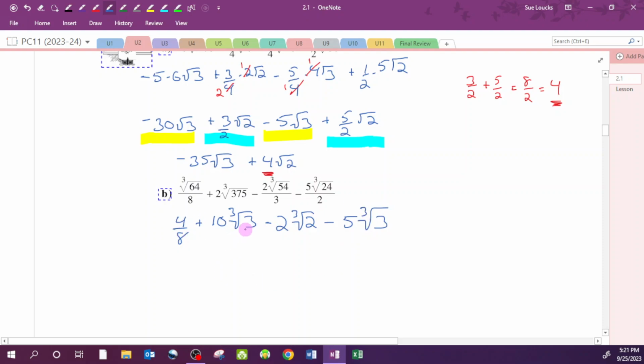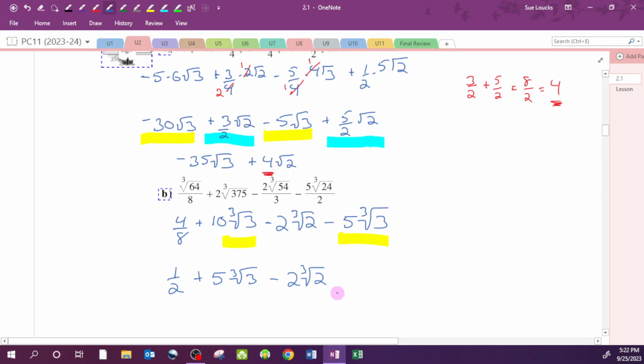And now I can simplify that because I've got 2 terms with the cube root of 3. So this reduces to 1/2 plus 10 times the cube root of 3 minus 5 of that is 5 times the cube root of 3 minus 2 times the cube root of 2.